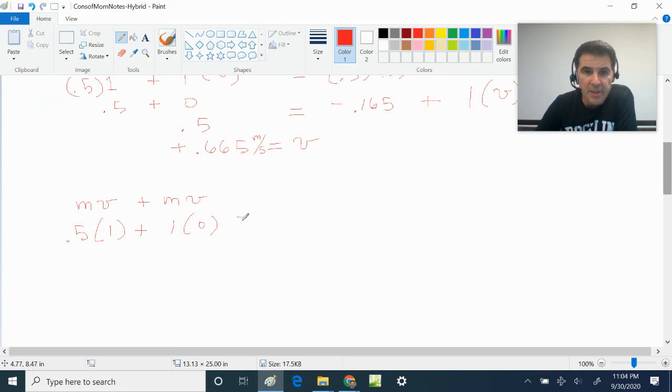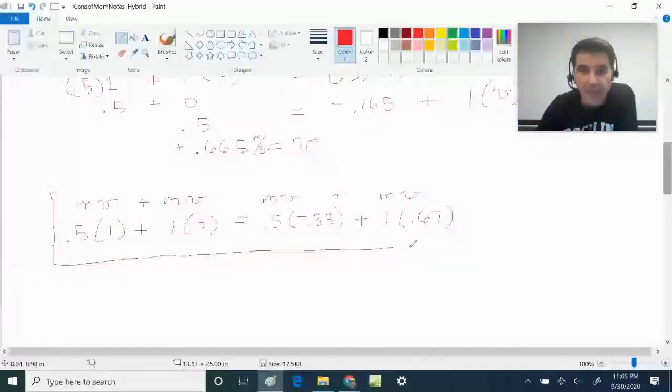And then this should be equal to 0.5, the same mass, times a negative 0.33, plus 1, the second mass, times basically a 0.67 positive. I just rounded it off. That's what we should get when we look back at the other page.